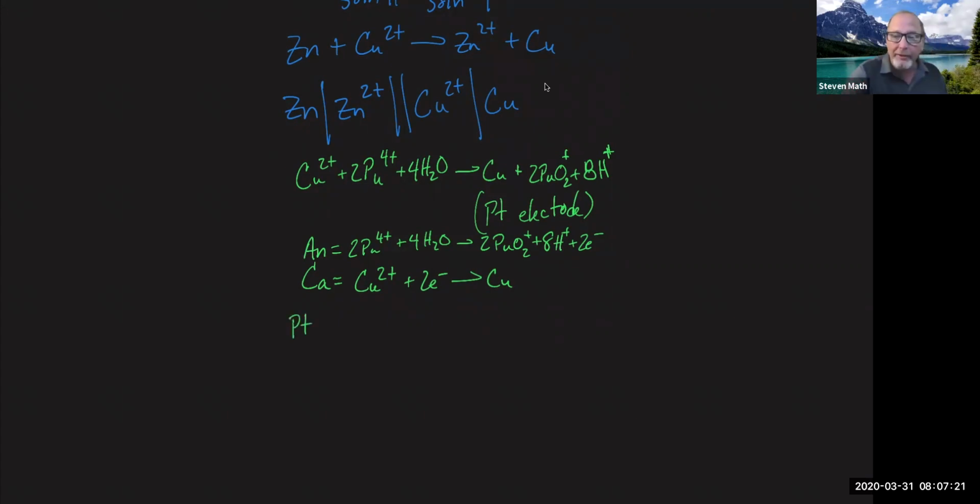Now that's a solid. So now I need a single line to designate everything else, which in this case, we're going to go from plutonium 4+ to plutonium oxide plus. So we go from the higher oxidation state to the lower oxidation state. But now we also have to include in that H plus.